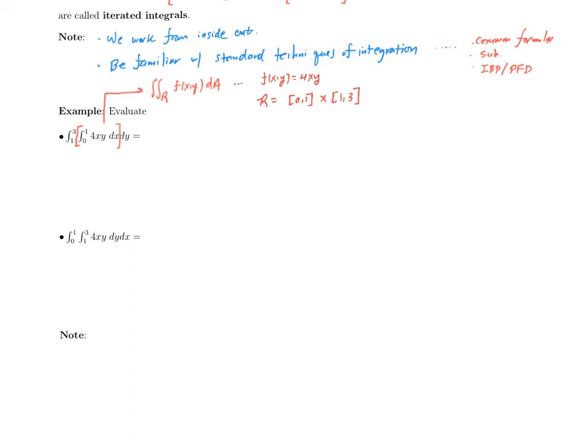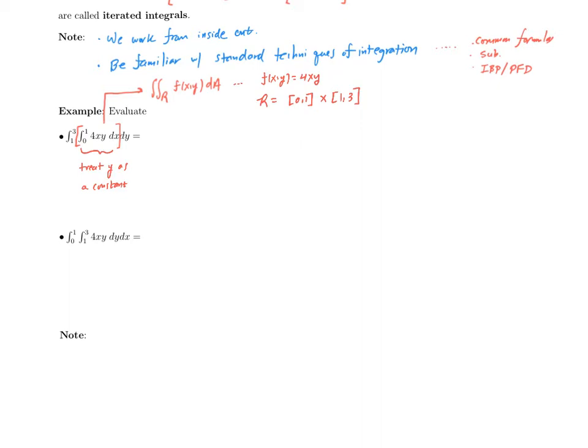So let's go ahead and evaluate. So we work our way from the inside out, and similar to partial differentiation, if I want to integrate with respect to x, we treat y as a constant. That is, we are thinking of 4y as a constant, which is multiplied by x.